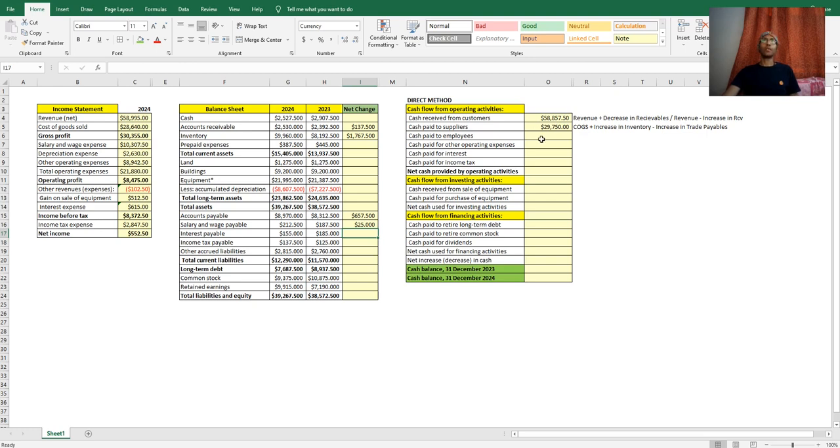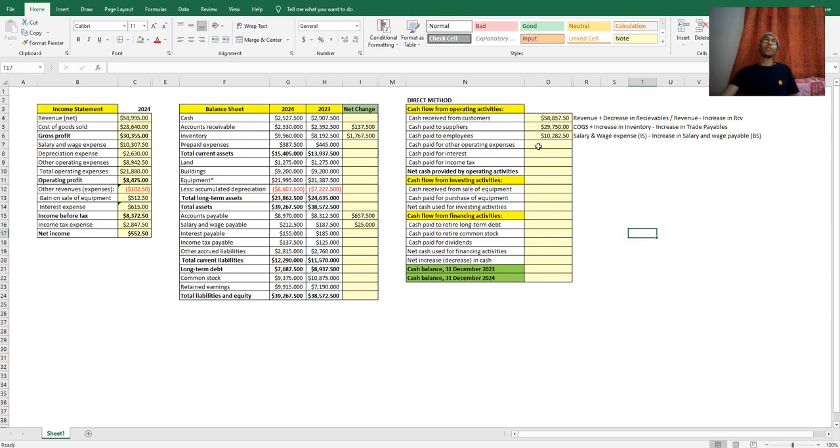So what we do is salary and wage expense in the income statement minus increase in salary and wage payable, which is mentioned in the balance sheet, right? This is equal to salary and wage expense minus increase in the payable of salary and wage expense. So this is the answer, right?